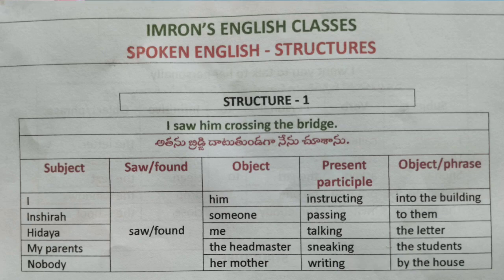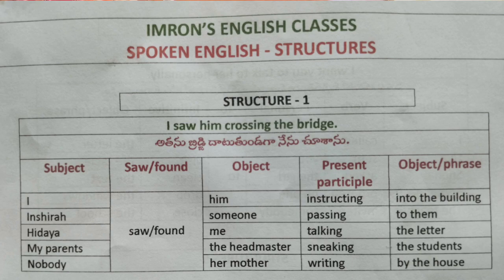Here the subject: I, Inshira, Hidaya, my parents, nobody. And in the next one, saw or found. You can write the verb found also. And the object, in the place of the object, we can write him, someone, me, the headmaster, her mother.